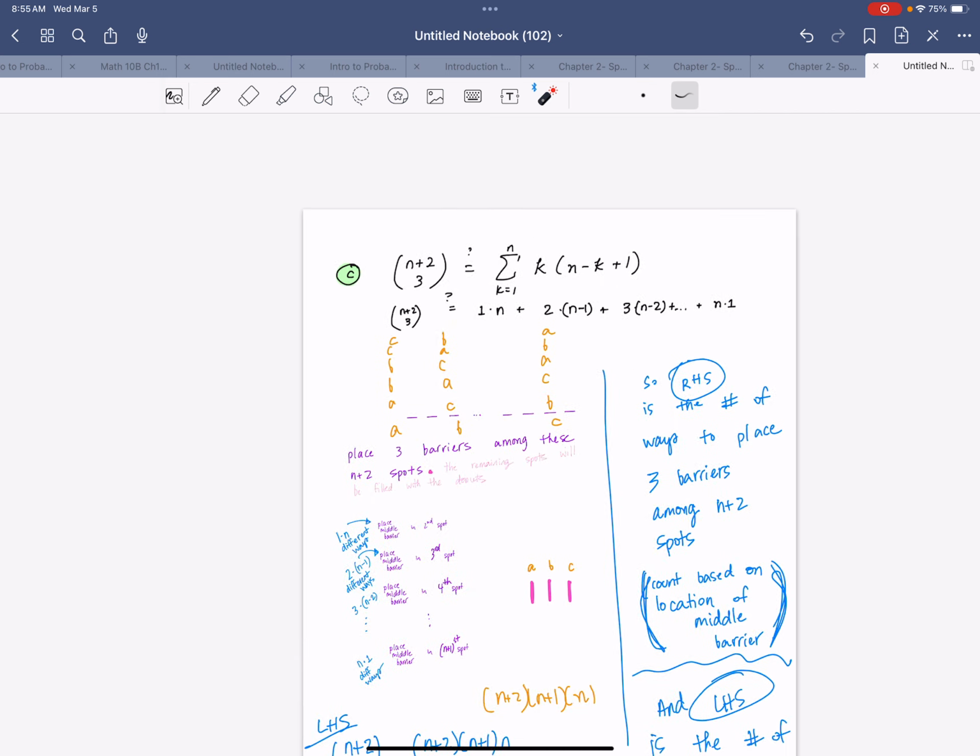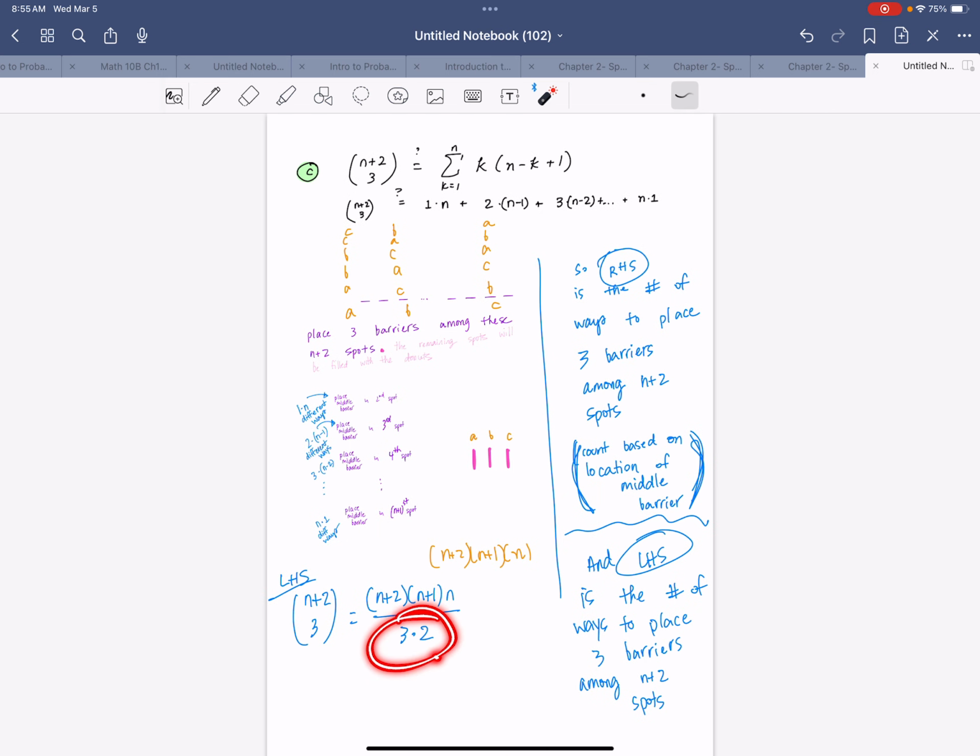So that's why I need to divide by 6, because I am overcounting by a multiple of 6. Each way is represented 6 different ways, okay?